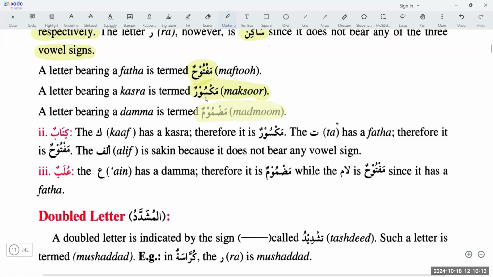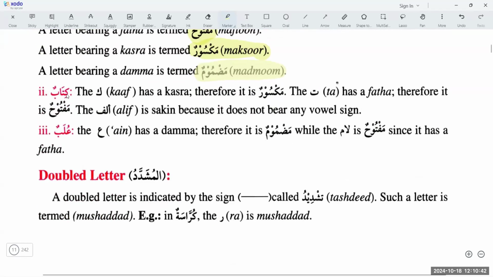So these are the terms we have to understand and memorize. These terms will be used later, so you must keep them in mind. Maftuhun if there is a fatha, maksurun if there is a kasra, and if there is a dhamma, then we term it madmumun.